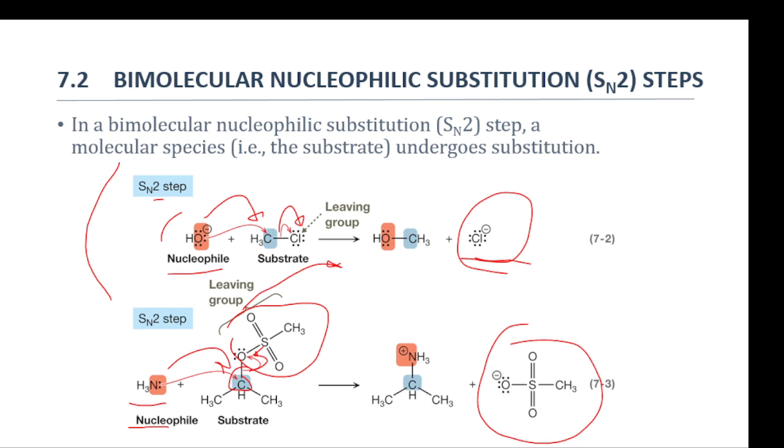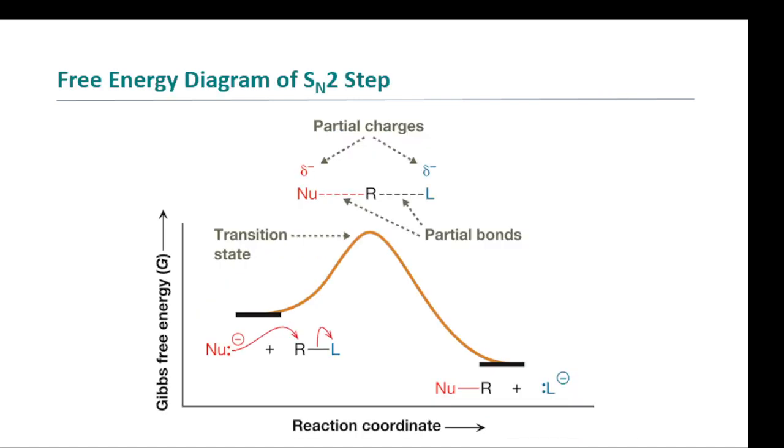Okay, let's look at the energy diagram for this. Many reactions are best thought of with energy diagrams. And so we go ahead and have the nucleophile again. The important thing about a nucleophile is it has a pair of electrons it can donate into a bond. These are typically going to be things like a lone pair, but they could be things like a pi bond as well. Okay?